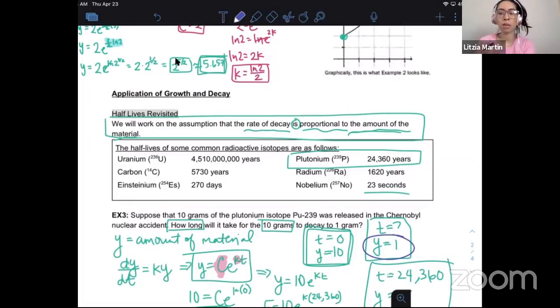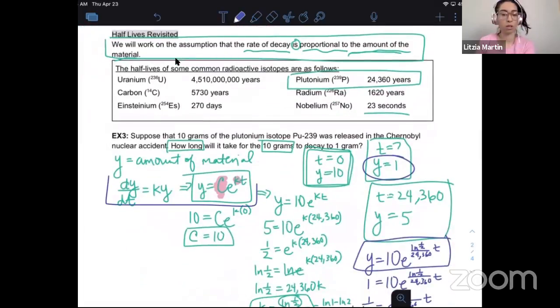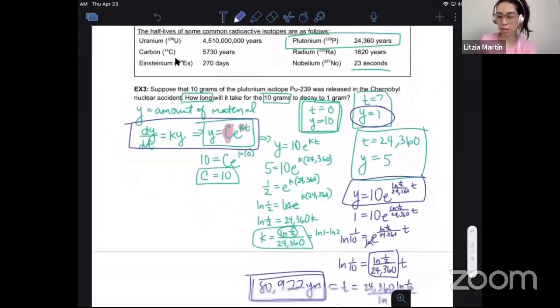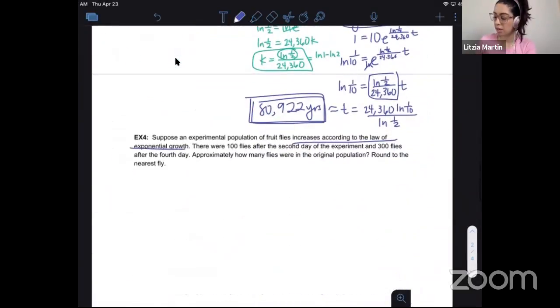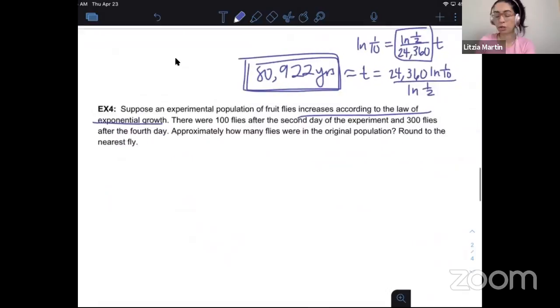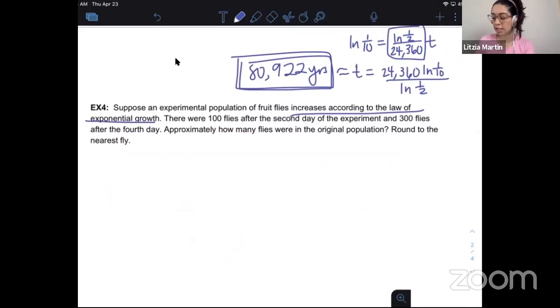So it's saying the same thing, that this property applies. So we can go ahead and use that theorem the same way that we used it in example 3. It says there were 100 flies after the second day of the experiment and 300 flies after the 4th day. Approximately how many flies were in the original population? Round to the nearest fly.